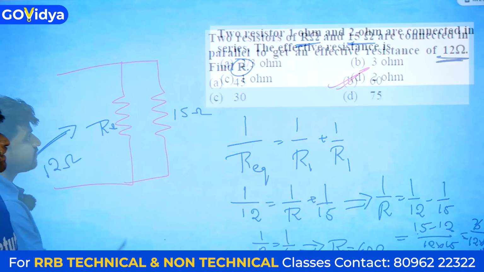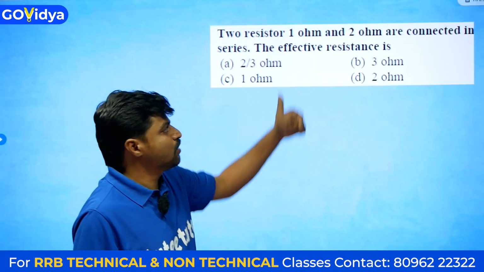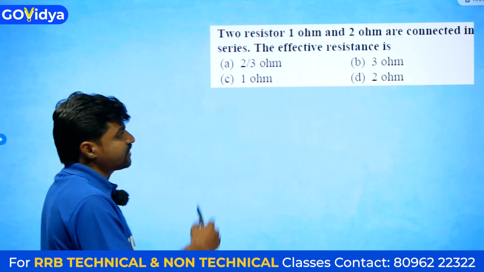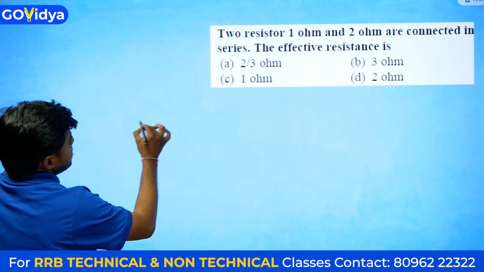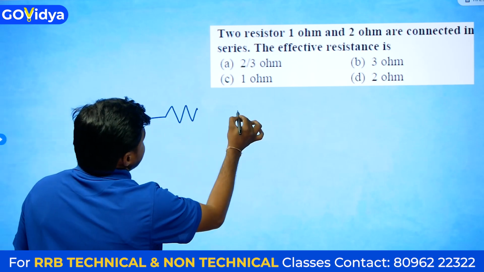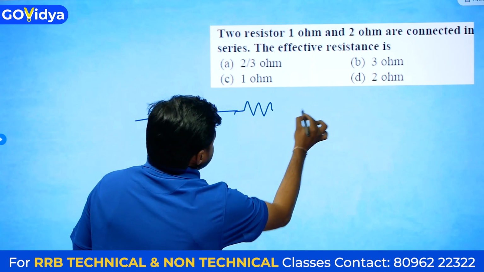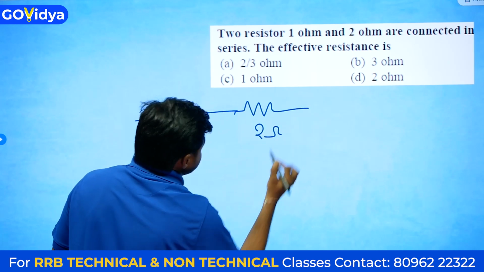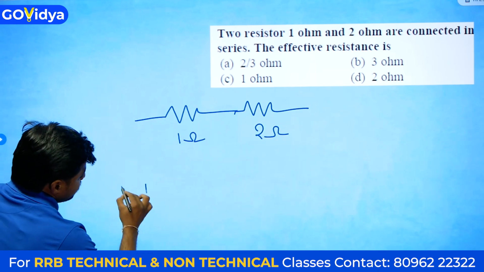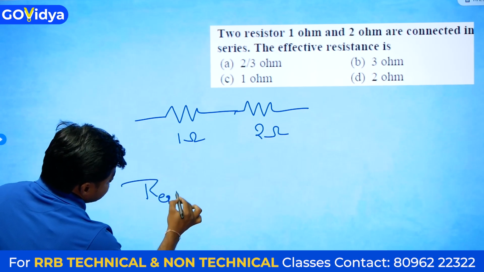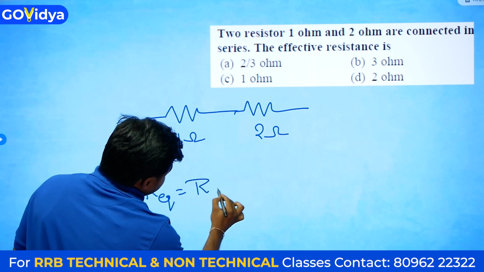Next question. Two resistors of 1 ohm and 2 ohm are connected in series. The effective resistance is?